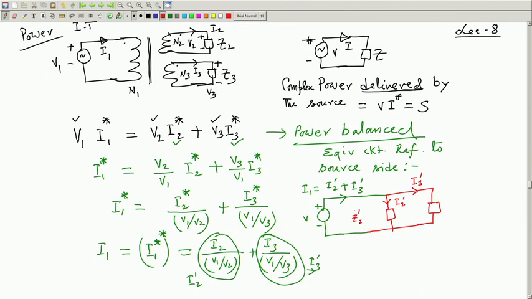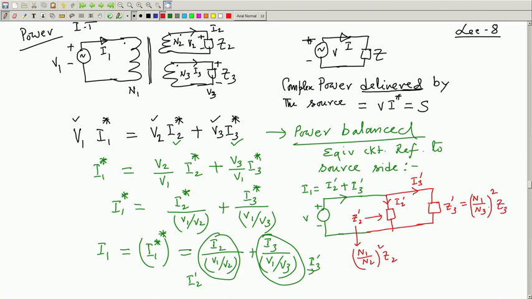as N1 by N2 whole squared into Z2, this impedance, and this impedance, the reflected impedance on the primary side, I will write as N1 by N3 squared into Z3.